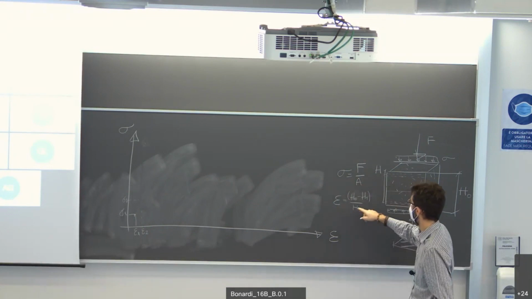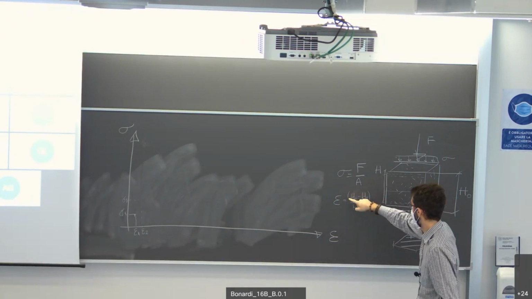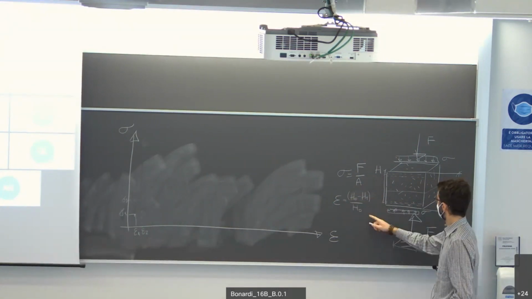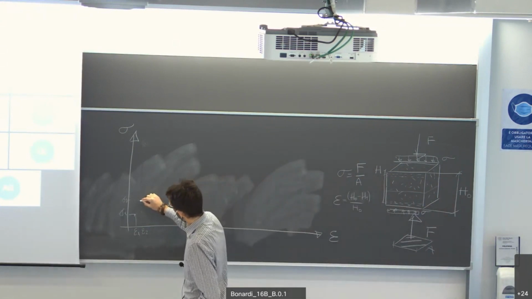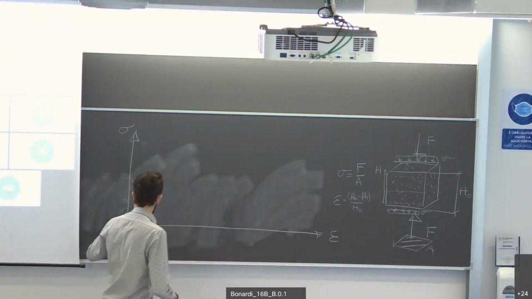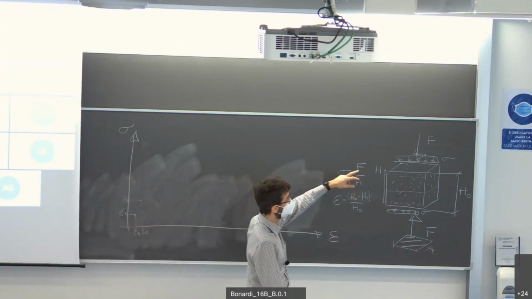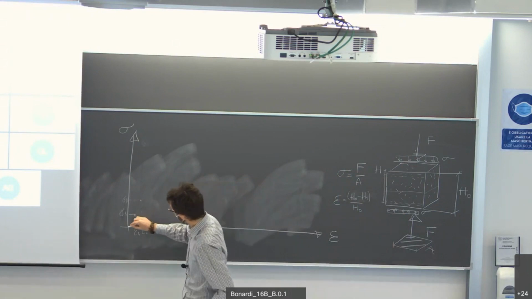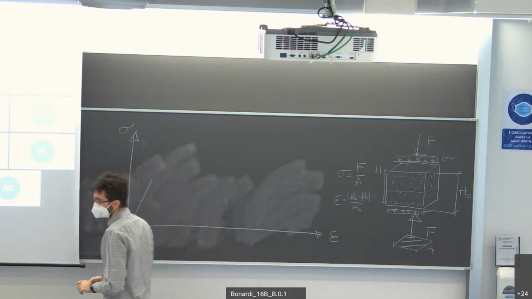Epsilon is the deformation, so the difference of height over the original one. Apologies. So we double the load and we find basically the double of the strain. If we progressively increase the load, we see that we are moving along a linear path. Okay?